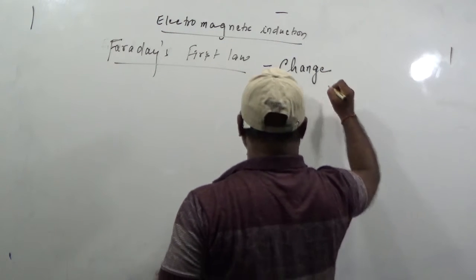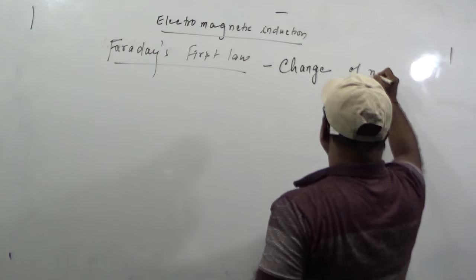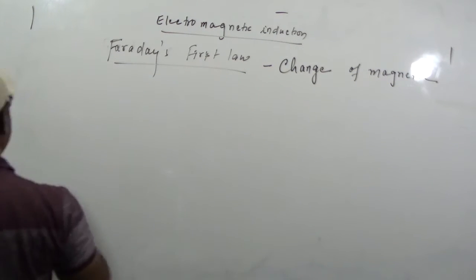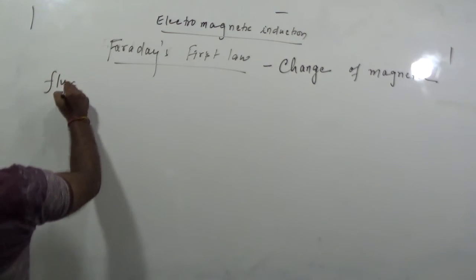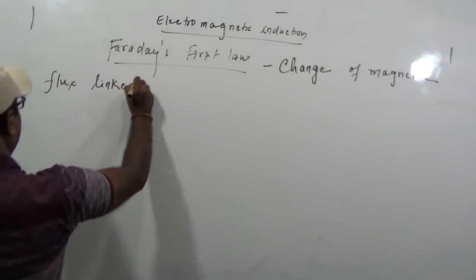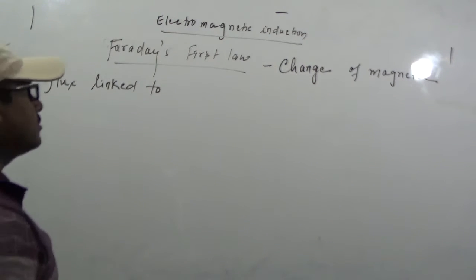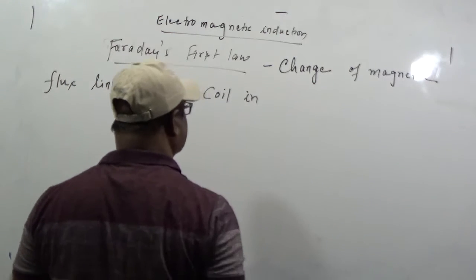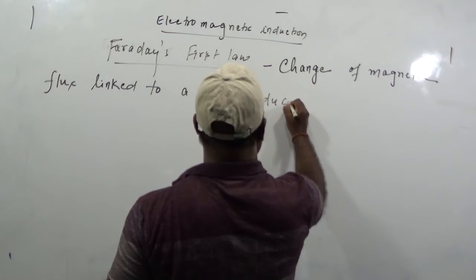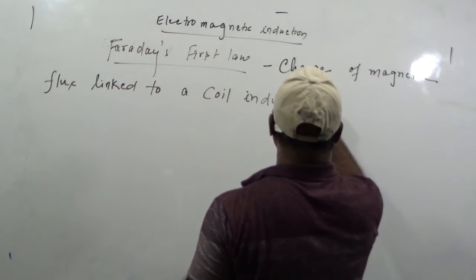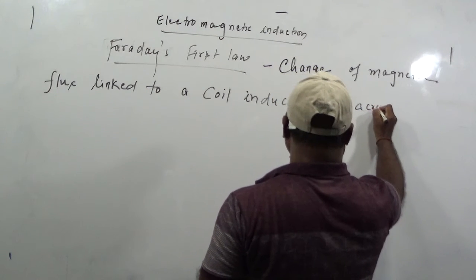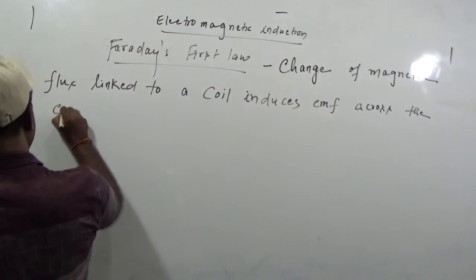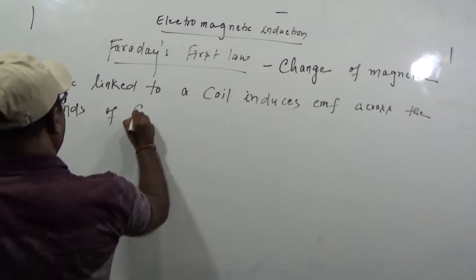Change of magnetic flux linked to a coil induces EMF across the ends of the coil.